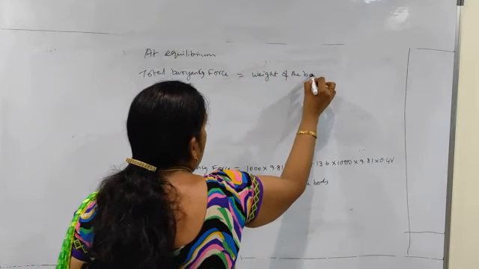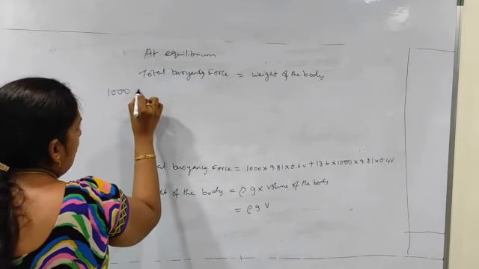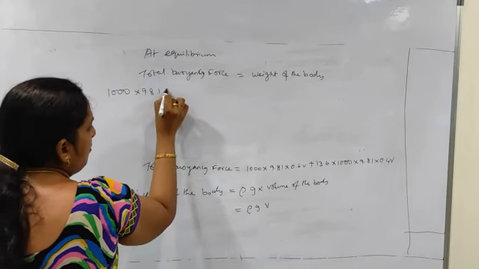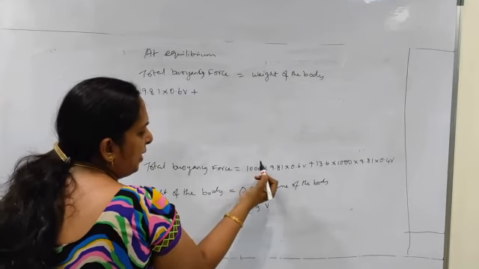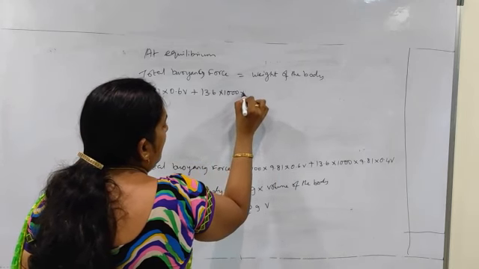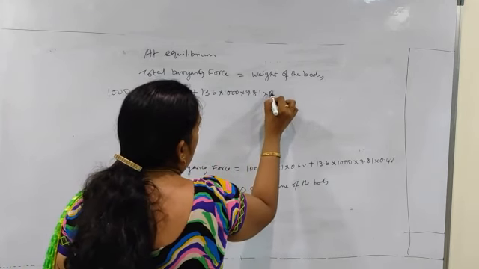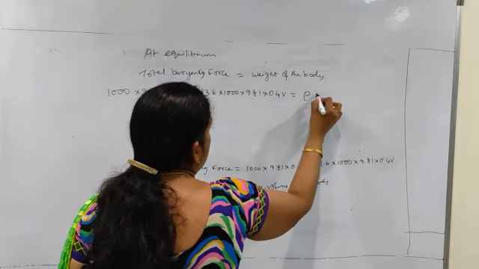The total buoyancy force I have got is the buoyancy force because of water plus the buoyancy force because of mercury. So 1000 into 9.81 into 0.6 B plus 13.6 into 1000 into 9.81 into 0.4 B is equal to the weight of the body, which we have taken as rho G V.